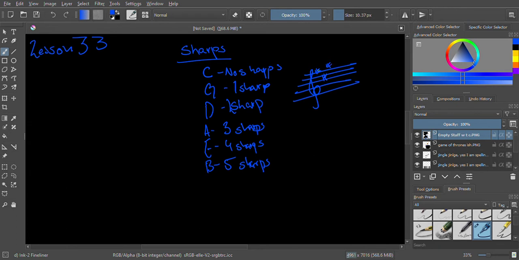You can just count the number of sharps: C is no sharps, G is 1 sharp, then G, A, B, C, D, D is 2 sharps, D, E, F, G, A, A is 3 sharps. So this is in A major. Or conversely, I know I have to include 3 sharps in A major. So that's where this comes in handy quite a bit.